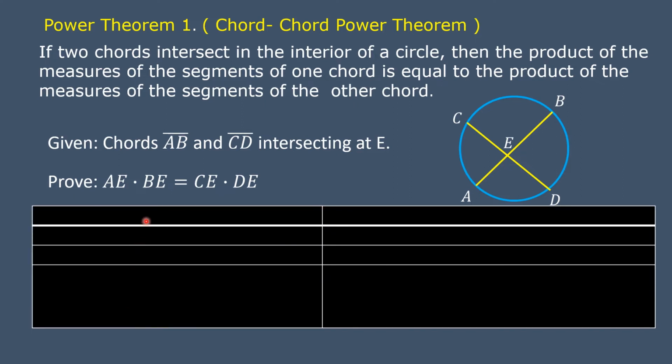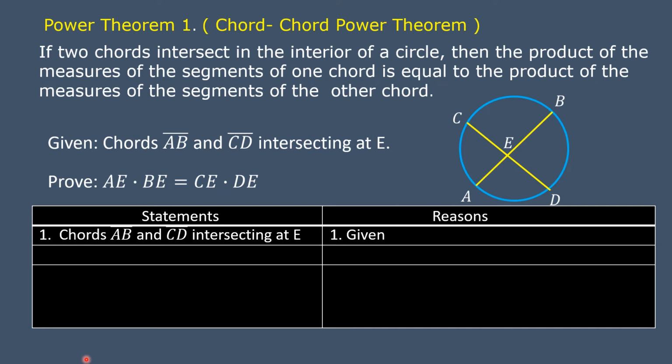In the first column, we are going to write the statements, and in the second column, the corresponding reasons. For our first statement, we write the given data: chords AB and CD intersecting at E. The corresponding reason is of course given.